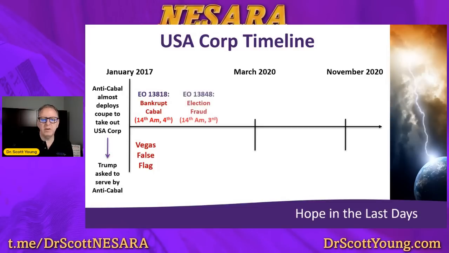Now, not even 2 months later, in January of 2018, Trump sets up the next level of executive orders that's very important, which is Executive Order 13848, which utilizes the 14th Amendment under the third section. And it says if you have crimes against humanity under the third section, that you cannot, or sorry, I'm gonna go backward here.